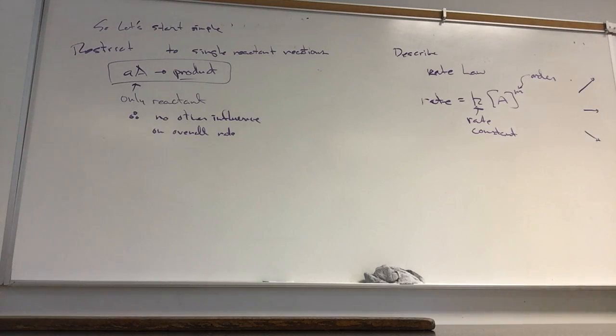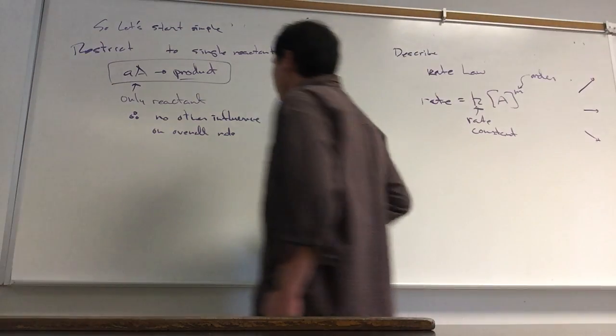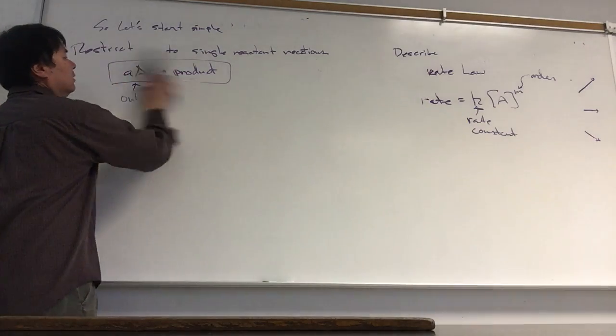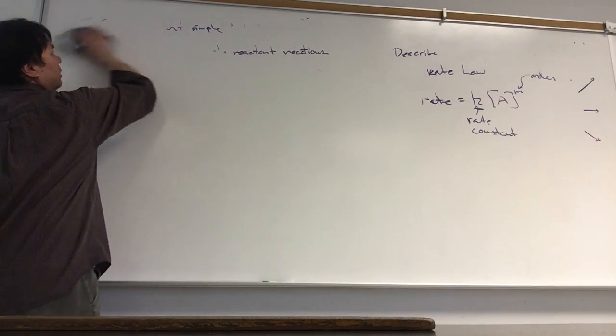When m is equal to 2, this is second order, and the rate is going to show square dependence on the concentration. And so whatever we do to the concentration, we just square that, and that's going to be the impact on the rate, I should say.